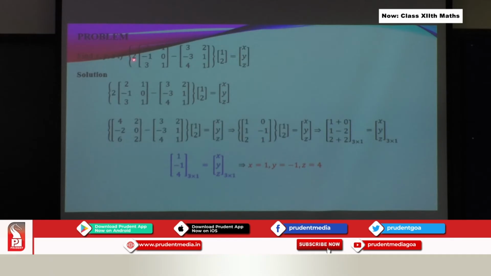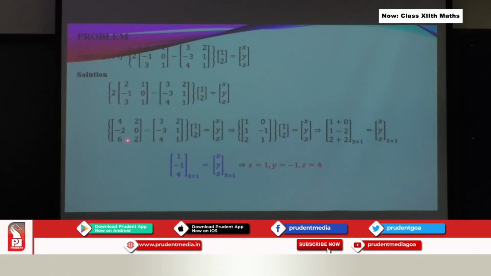So I am getting 2 here, which is multiplied to this matrix. So scalar multiplication, 2 will get multiplied to every entry, and here, see, it is 2 into 2 is 4, then 2 into 1 is 2, then 2 into minus 1 is minus 2.